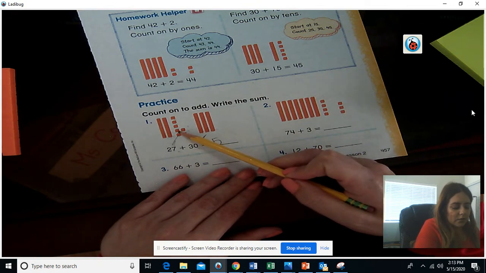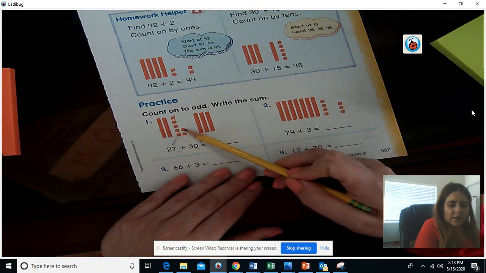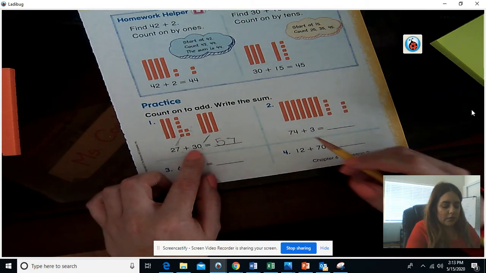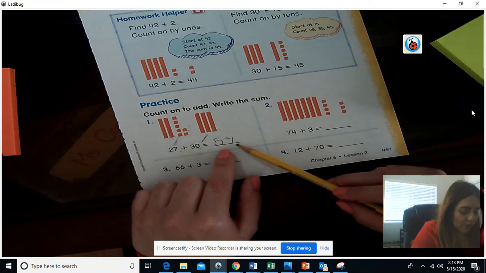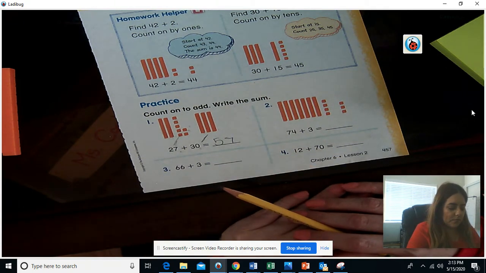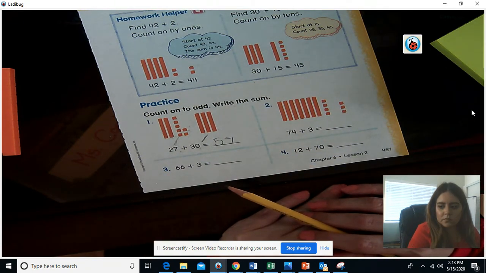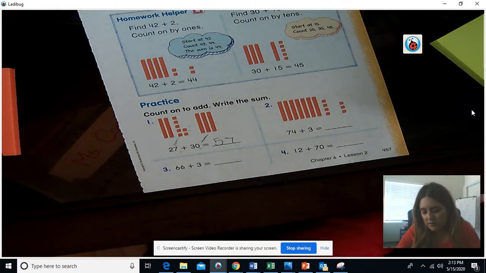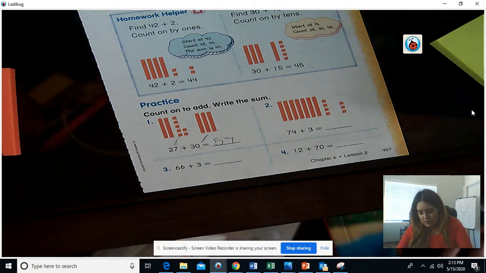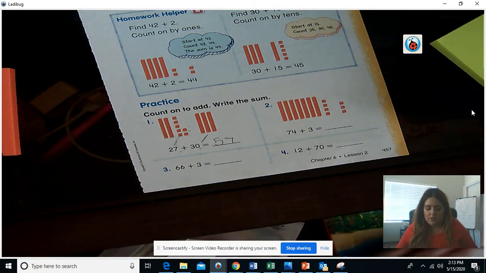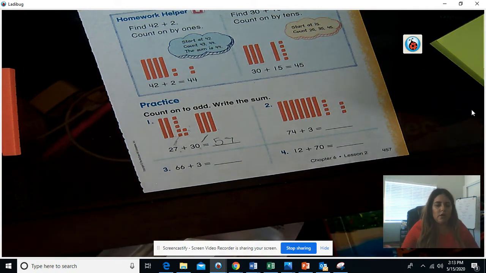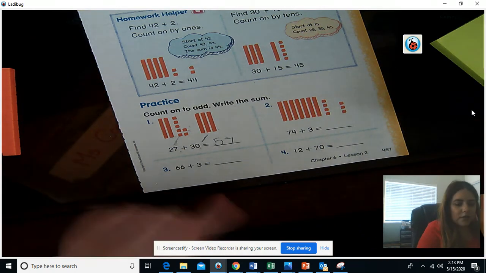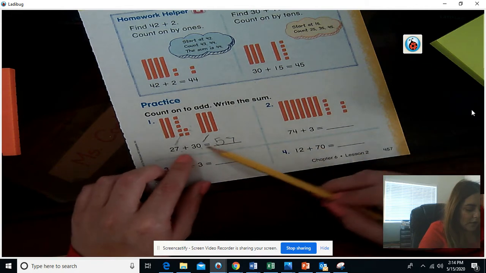And 1, 2, 3, 4, 5, 6, 7 ones. So 27 plus 30 is 57. Another way of doing this is by looking at my chart. You can use your number chart, but I think this is probably the easier way.